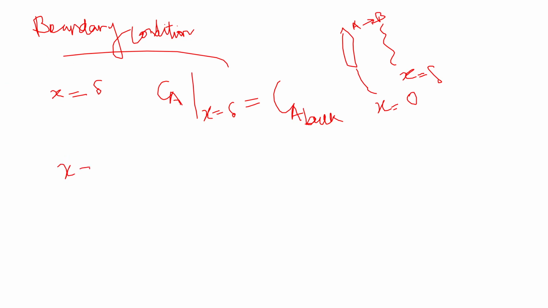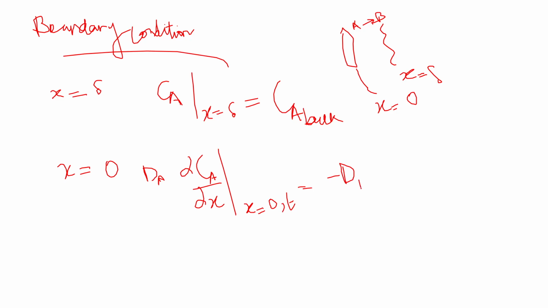That is at x equal to 0, you have DA dou CA, that is the diffusion of A, at x equal to 0 at any time will be equal to, there will be a counter transfer of B. The B that is formed on the surface will also move out.